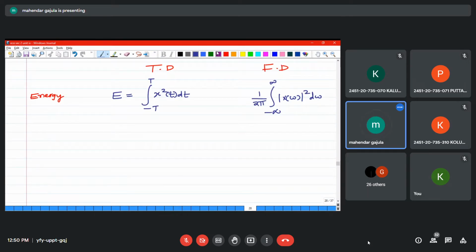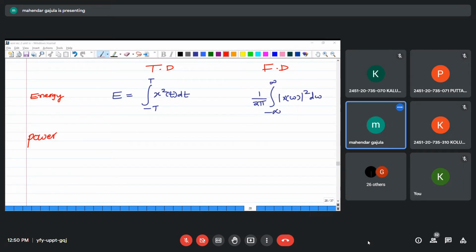And the power. What is the relationship between energy and power? Can someone tell me? What is the relationship between energy and power?